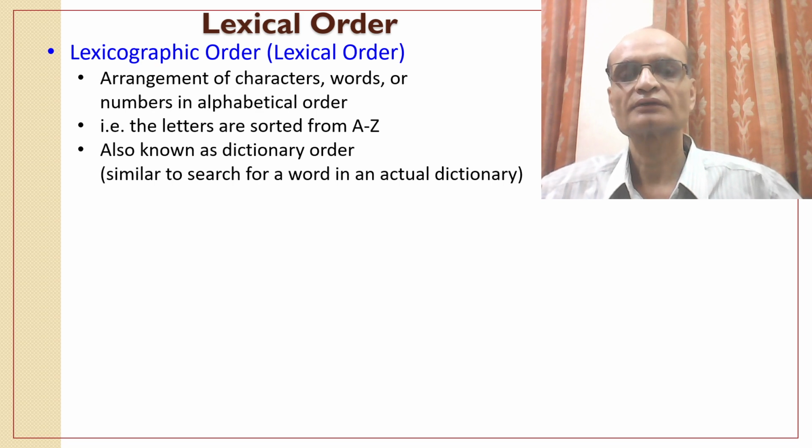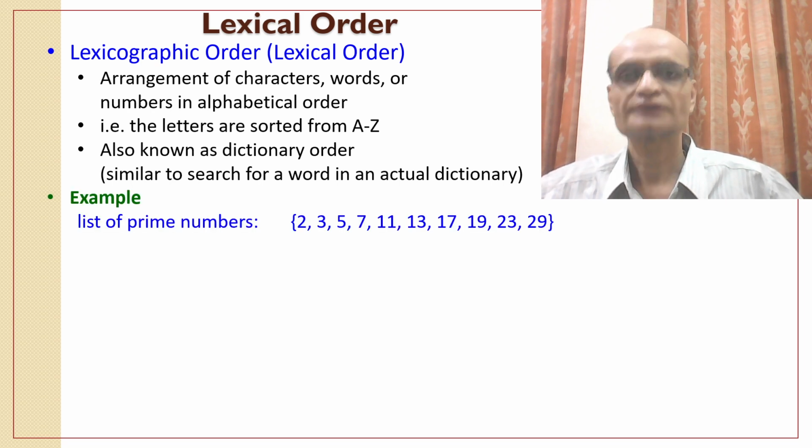That means the way in which we are used to accessing a dictionary and searching for a particular word. In a similar way, we consider it as lexical order or lexicographic order.